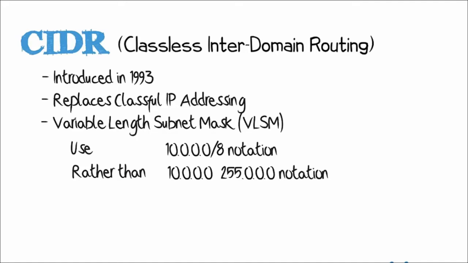So for a Class A network, such as 10, this type of notation is used in CIDR. Firstly, I'm going to explain this notation of /8, and then I'll give you the reasons why the move was made to CIDR.